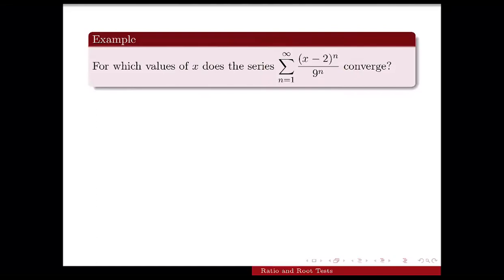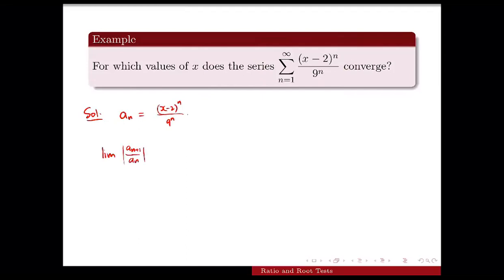So how do we do this? You have your a sub n. This is x minus 2 raised to n over 9 to the n. Now, we want the limit of a sub n plus 1 over a sub n.